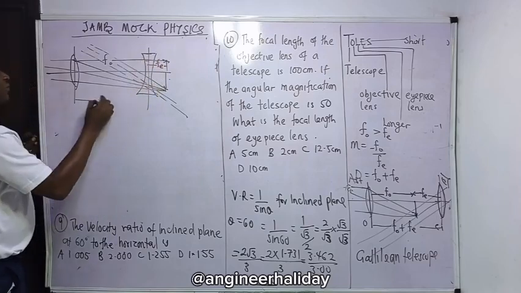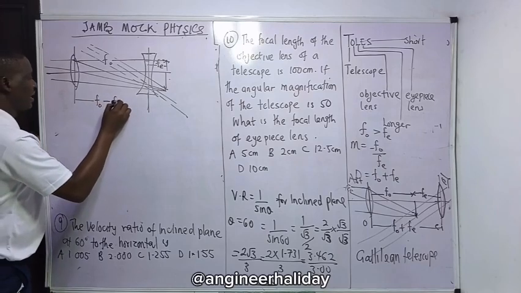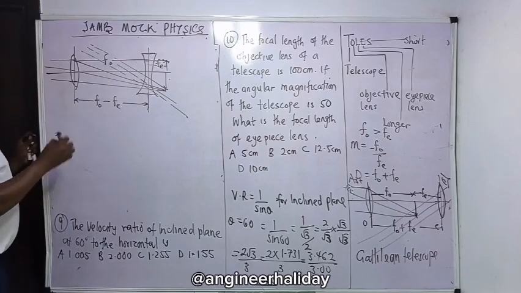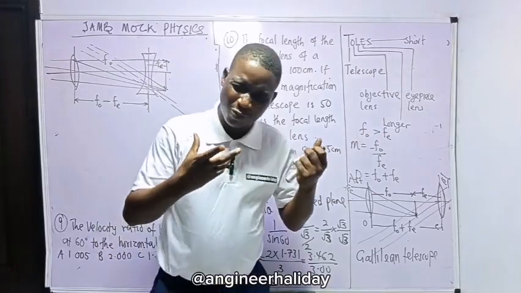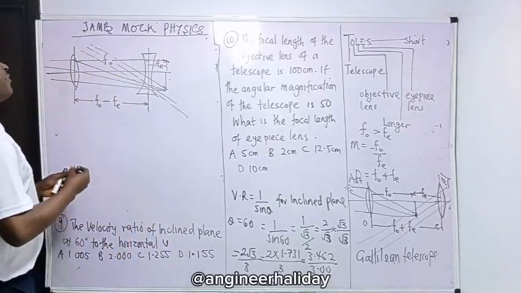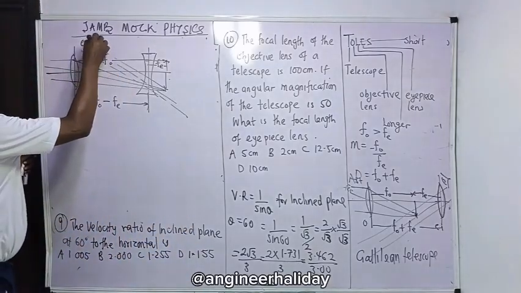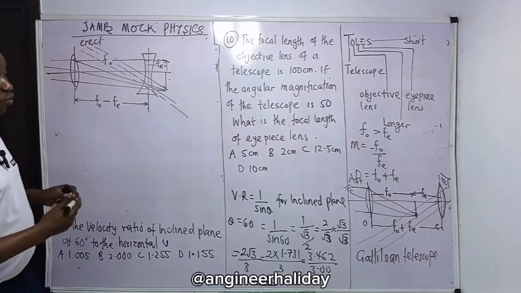Now what we are saying is that from here to this place will be f naught minus fe. So you see that it has a smaller view compared to this one, although the image is finally erect, so it is used as a terrestrial telescope.